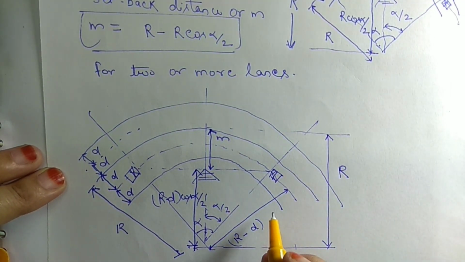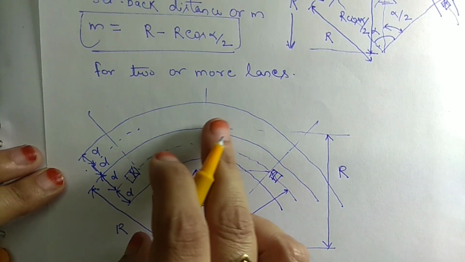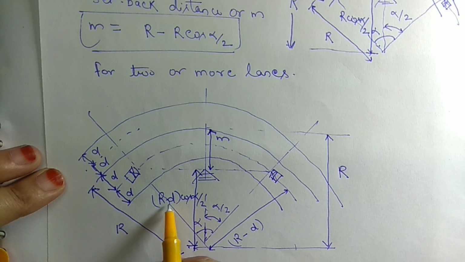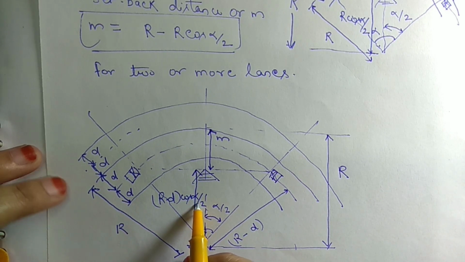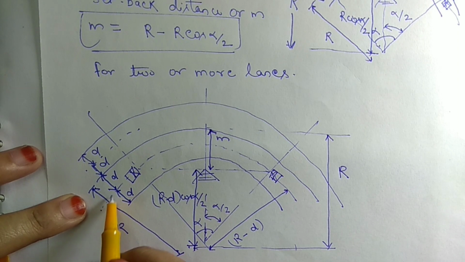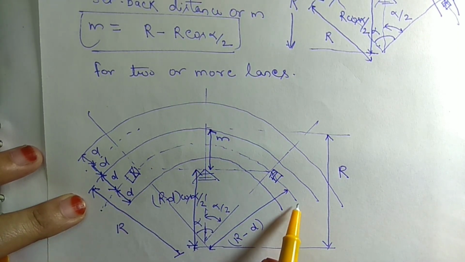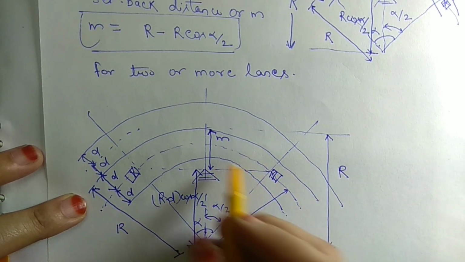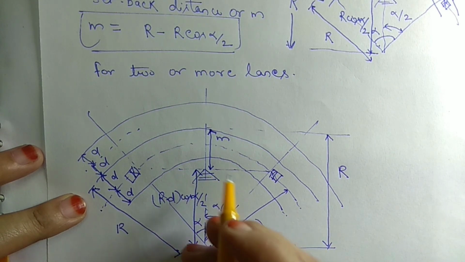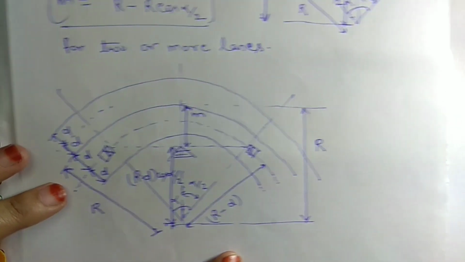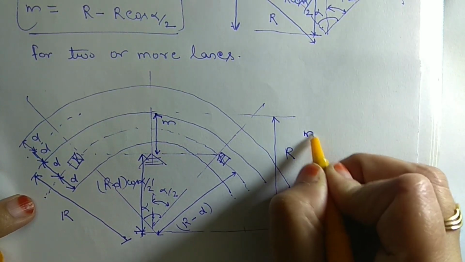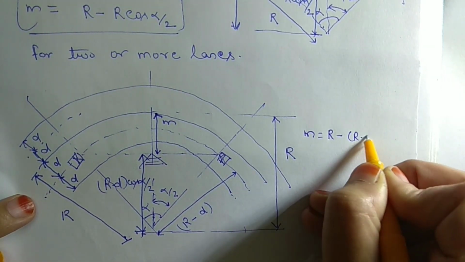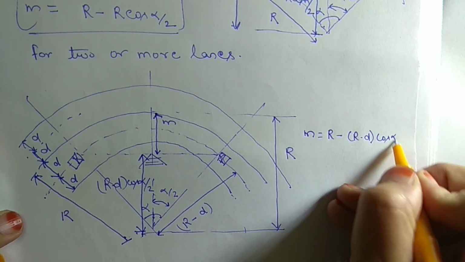So for 2 or more lanes, the setback distance: as this distance is D from the center line of the single lane pavement or inner pavement, this distance is R minus D. If we subtract this (R minus D) cos alpha by 2 from this R, we get this distance. So the setback distance in this 2 or more lane case will be M equals R minus (R minus D) cos alpha by 2.